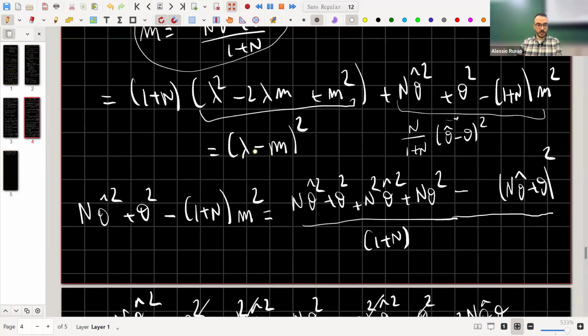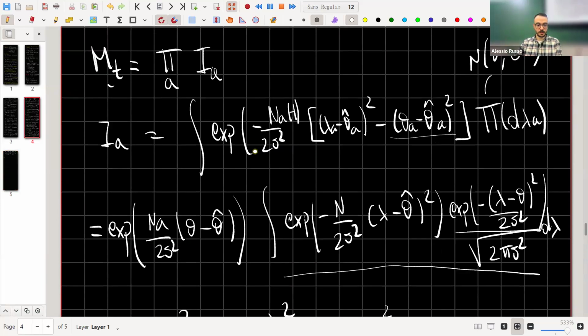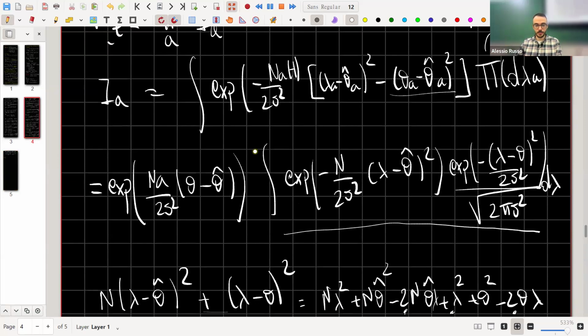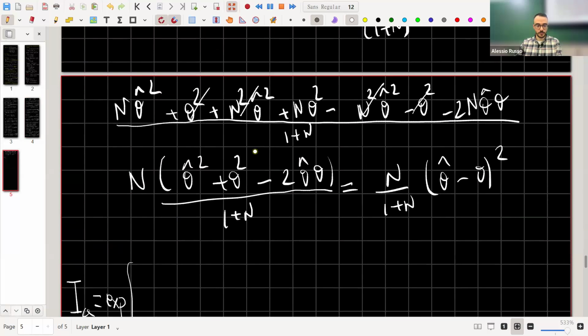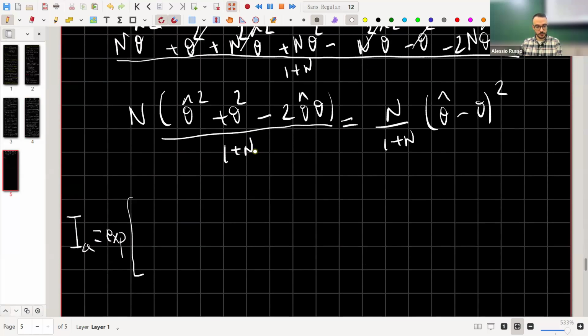So now let's go back and look at the expression of IA. So IA, it's this stuff here. So we have this quantity. And we also have the additional contribution from this term here that comes from inside the integral.